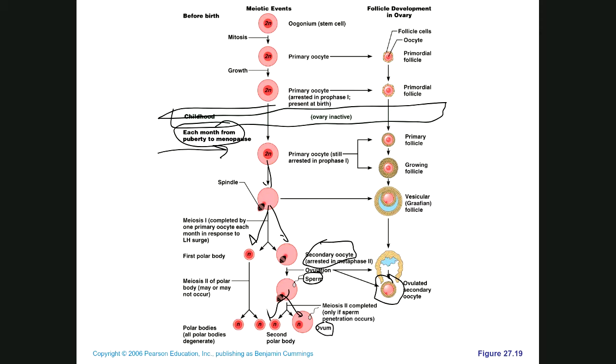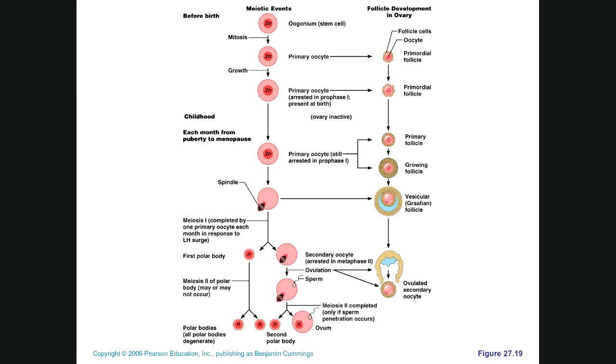But remember, we get unequal division. It's different from the male. The male, you're going to get 4 functional sperm. But in a female, you only get 1 functional cell and 3 non-functional cells. Any questions about that?